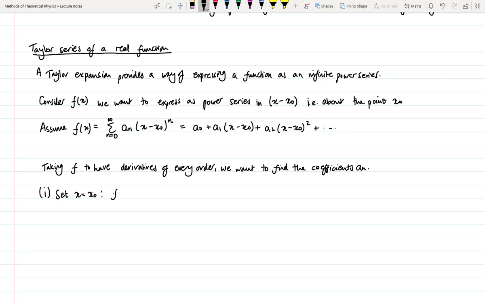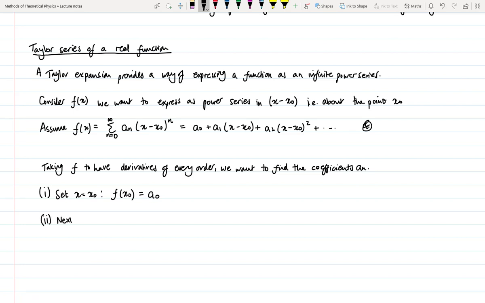Well, the left-hand side is going to be the function evaluated at x naught, and the right-hand side, in our expansion over here, we can see that only the a0 term is going to survive. All the other terms are multiplied by x minus x naught, and when we set x equal to x naught, these are all 0. So this means that our function evaluated at the point x naught simply returns the coefficient a naught.